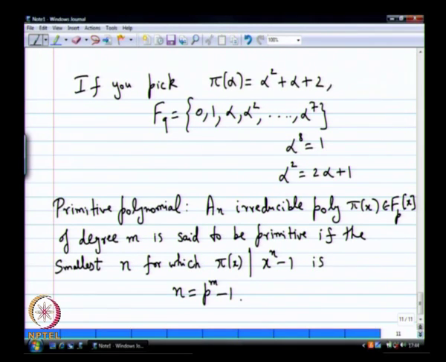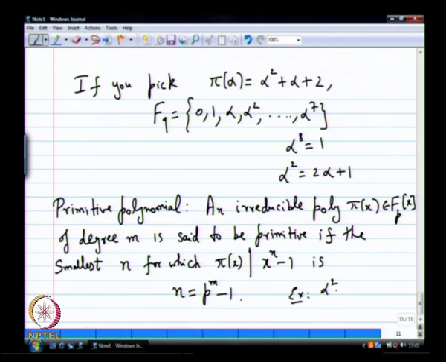You will see that for n equals 4 that will divide. And 3 squared is 9, so the smallest n required for primitivity would be 8. So for 4 itself it divides, so that pi of alpha did not qualify as primitive. On the other hand, pi of alpha equal to alpha squared plus alpha plus 2 will be primitive. Okay, so that is the example.